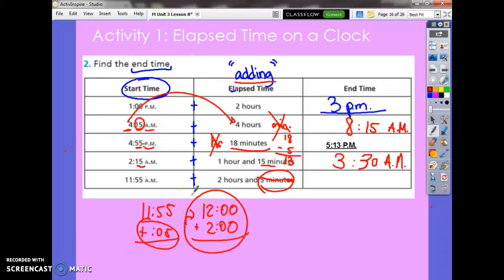Because when we add normal numbers, we work in groups of hundreds. But when we're talking about time with minutes, seconds, hours, we work in groups of 60. So I can't really add it like this, but I can count in my head 12 to 1, 1 to 2, and I'm going to end at 2 o'clock. P.M.